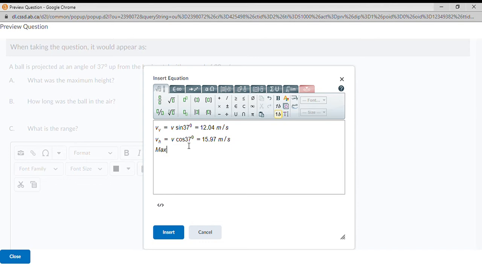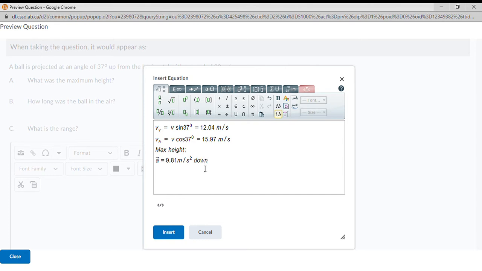After that, we are looking for the maximum height. As given for the maximum height, the acceleration is a vector quantity, which means it will be equal to 9.81 meters per second squared going down.